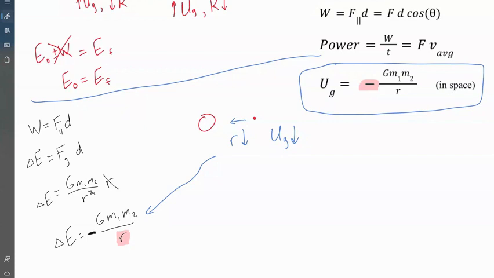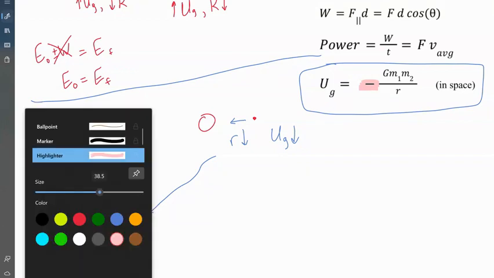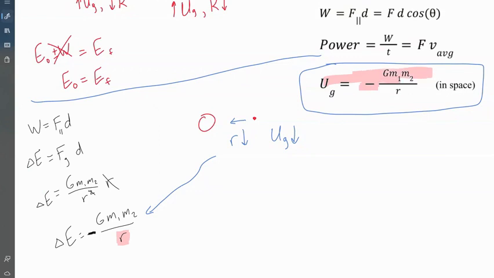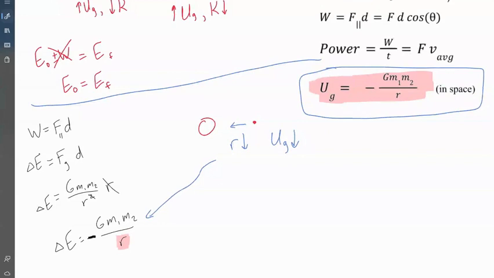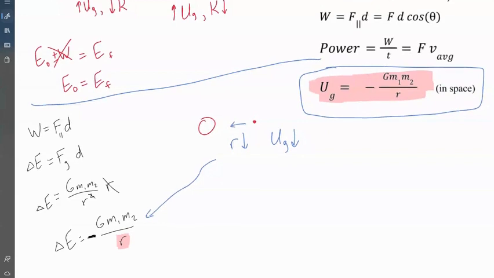So our gravitational potential energy in space, we can calculate by taking the negative of GMm over r. That's for any two objects interacting in space. So yes, it is a negative, but because all we look at is how some energy transforms into other energy, that won't affect what we come up with as far as energy goes.